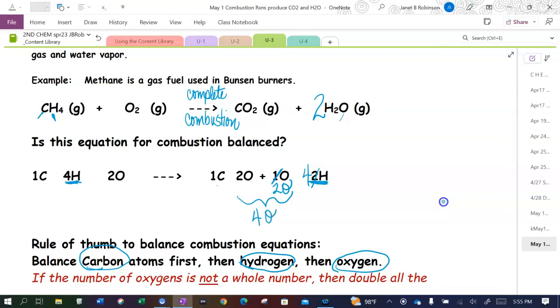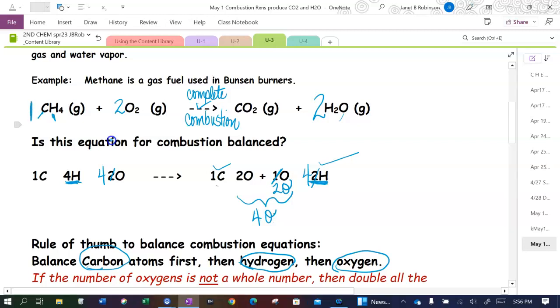All right, so carbons are taken care of, hydrogens are taken care of. Let's see, we have 4 oxygens on the product side. Over here, we only have 2 oxygens, right? So if we put a 2 coefficient in front, that makes 4 oxygens. 4 oxygens, we have balanced this equation.